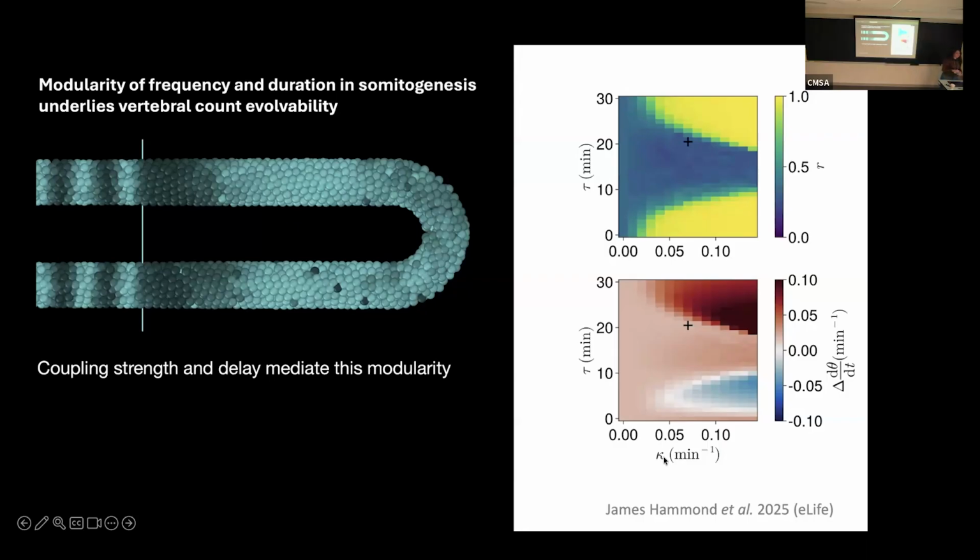My impression is that this somehow can explain how you can maintain robustness while accelerating the clock. No, the clock is unchanging in our simulations. What this tells us is that you can evolve the underlying morphogenesis very easily to increase or decrease the duration of somitogenesis within these pockets.